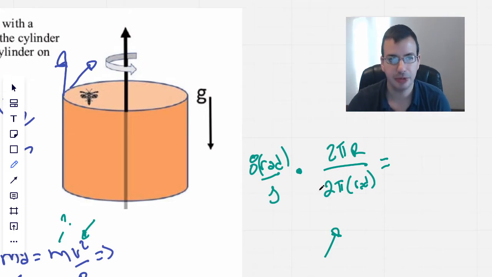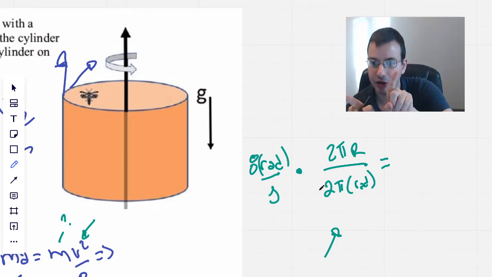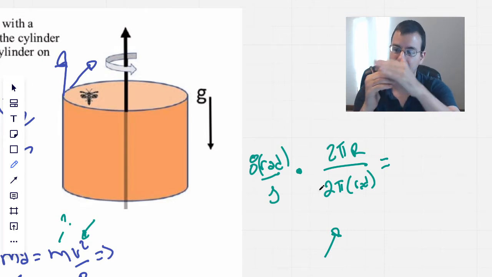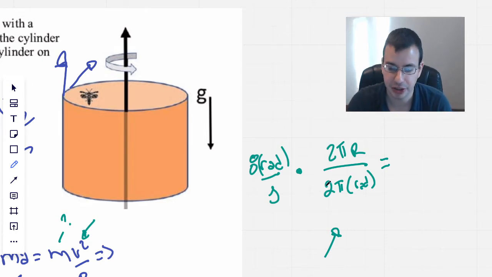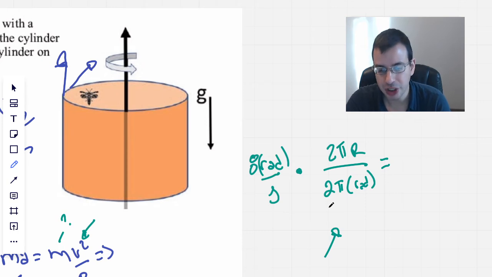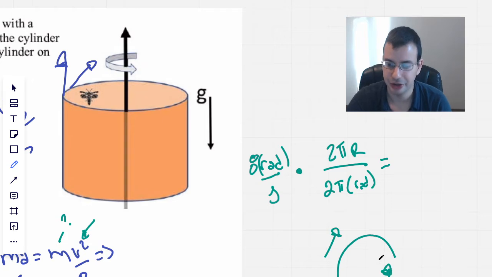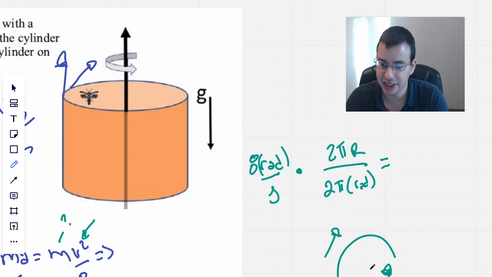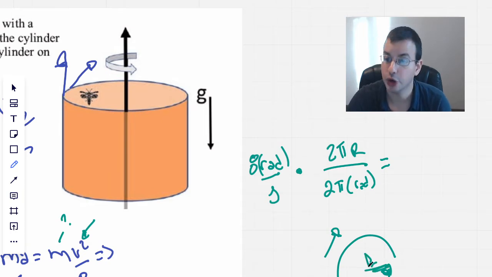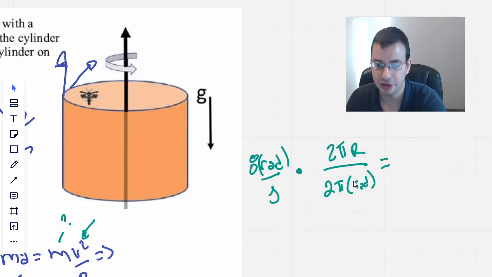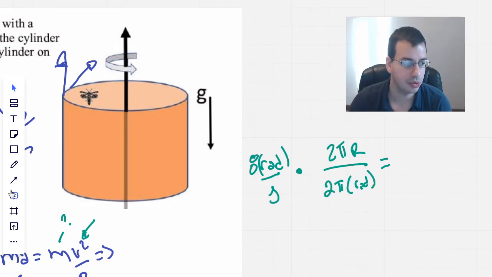A radian can be a measurement of an angle, but it can also be a distance, a radius, so to speak. The circumference of a circle is either 2 pi radians for angles, or 2 pi radiuses going around the circle, which is 2 pi r, where r is measured in meters.